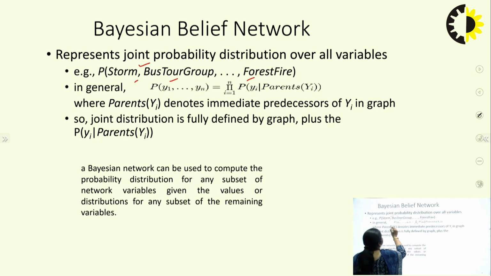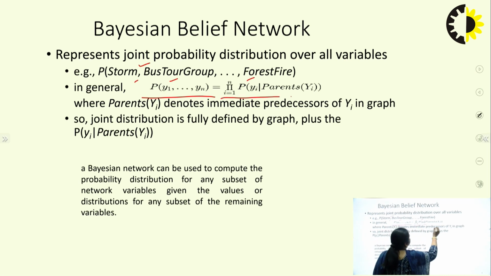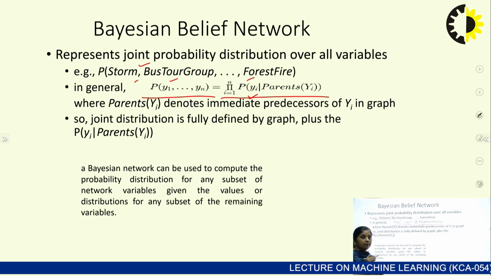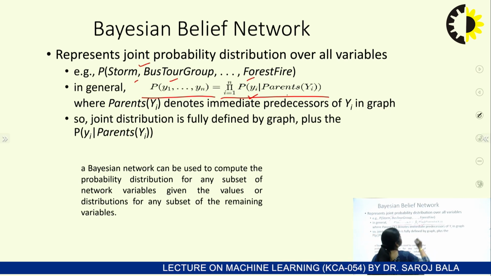That is probability of y1, y2, yn, where my variables are y1, y2, y3, yn, is equal to product of probability of each variable given its parents.